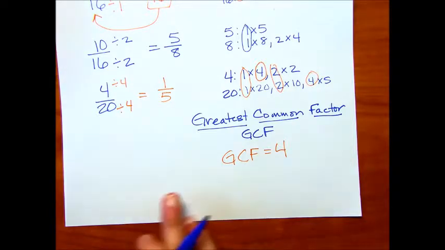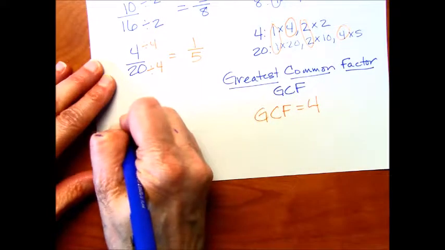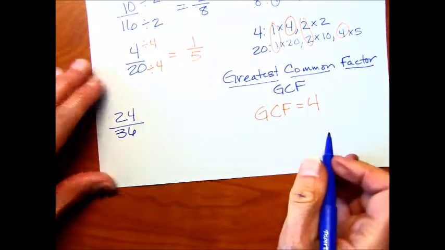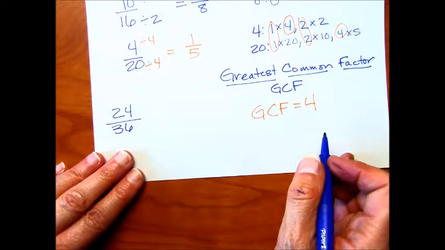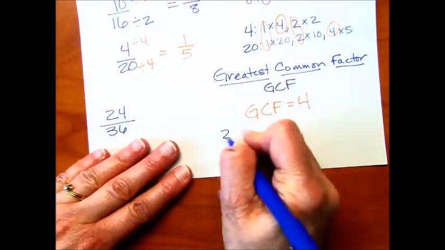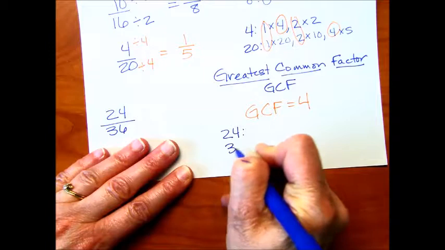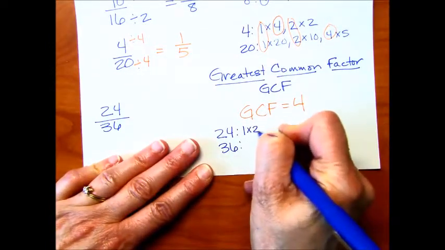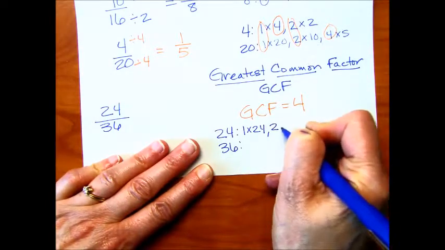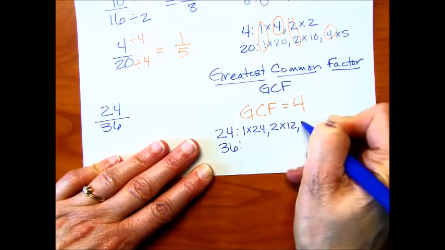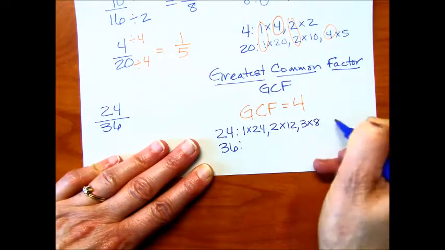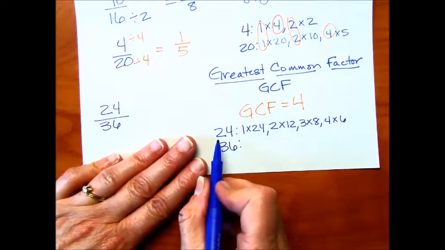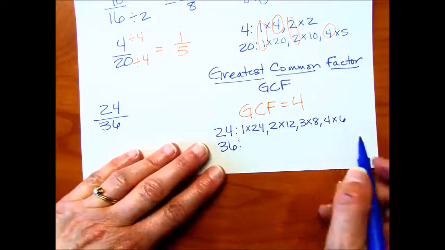Let's do one more. Let's say we have 24/36. I'm going to list my factors on the side, starting with 1. 1 times 24, 2 times 12, 3 times 8, 4 times 6, and I know 5 doesn't go into 24, so that's my last one.